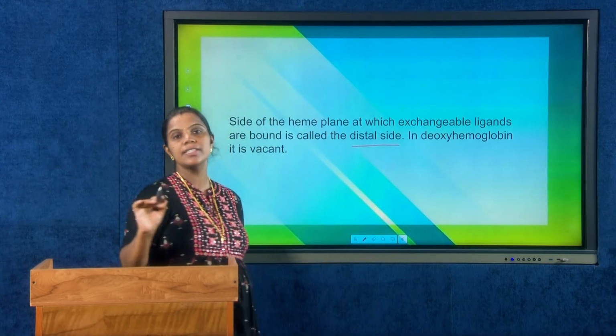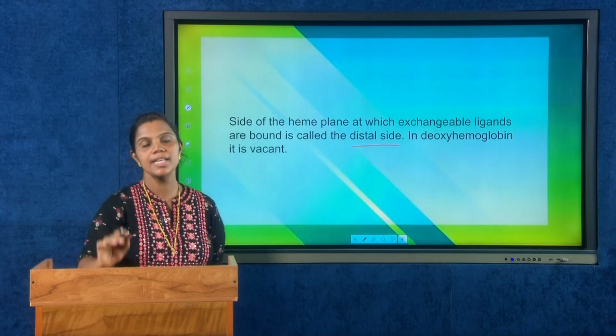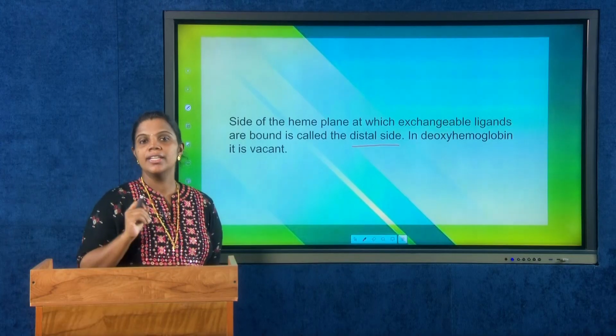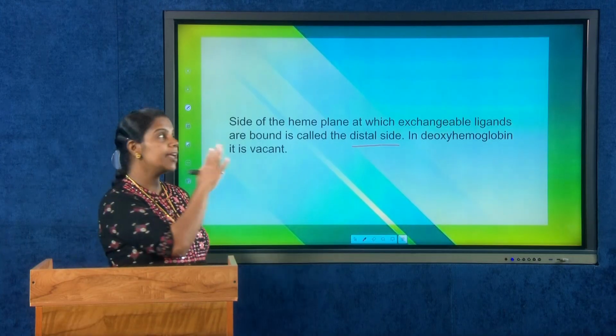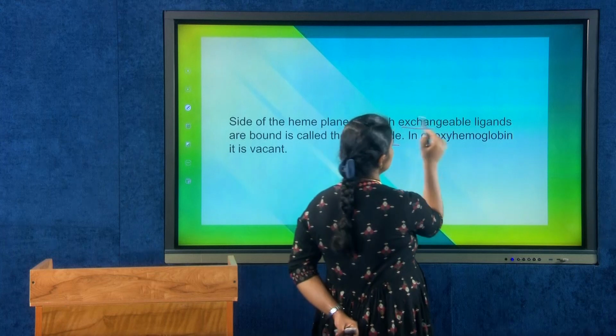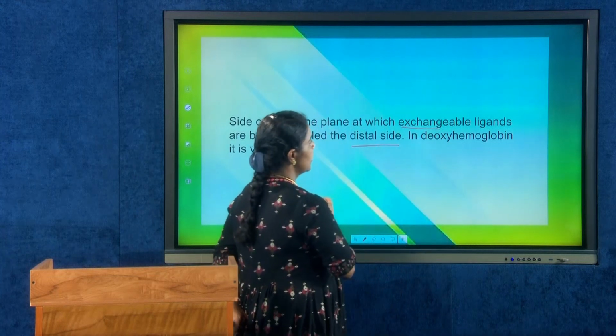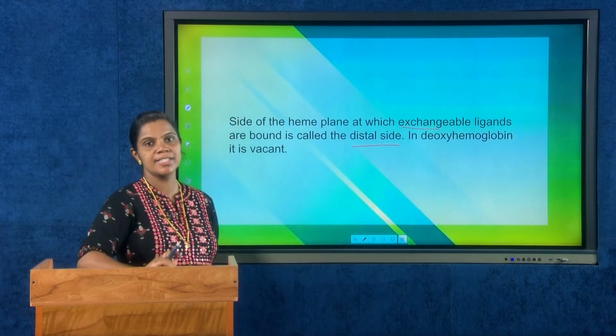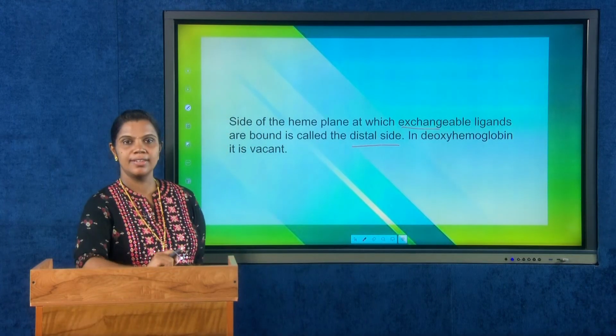The side of the heme plane at which the exchangeable ligands are bound is called the distal side. That is where the exchangeable ligands are present. In deoxyhemoglobin, the 6th coordination site is vacant.